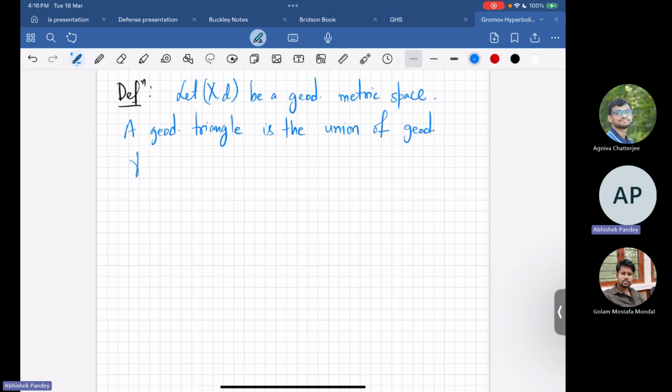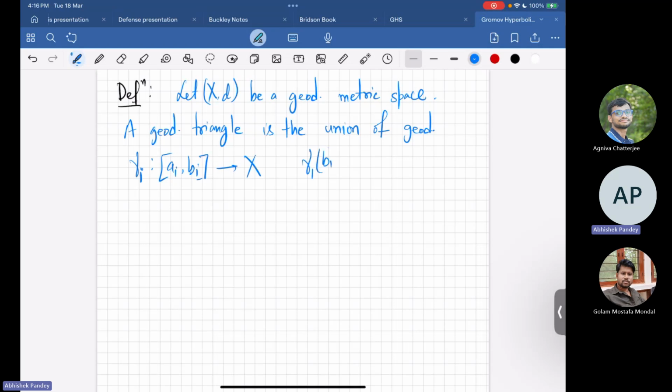geodesics gamma_i from a_i to b_i in X, and obviously they have matching endpoints. What does it mean?